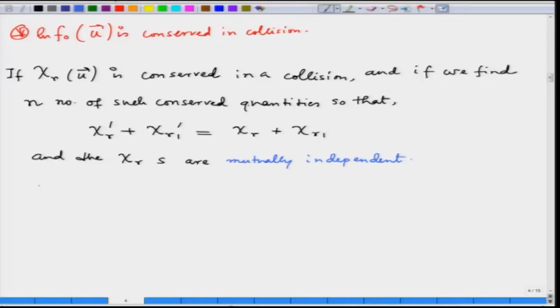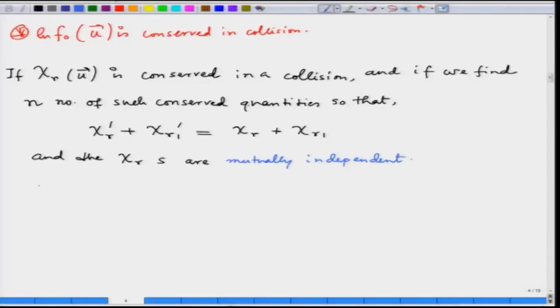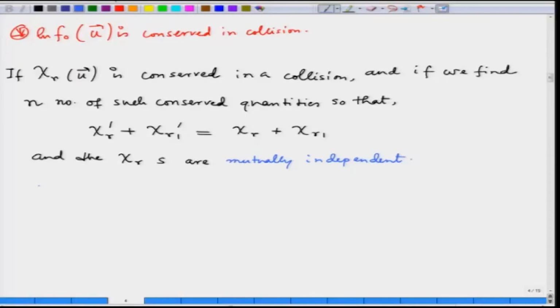So, the number of the particles are also conserved before and after the collision. Then if you just put u to the power 0 over there, you will see that 1 plus 1 will be equal to 1 plus 1. So, 2 particles will be 2 particles. So, now all this, the number conservation, the conservation of the linear momentum component wise of course, and finally, the conservation of kinetic energy, all are mutually independent conserved quantities in a collision.